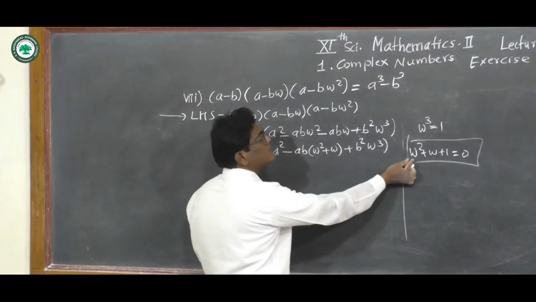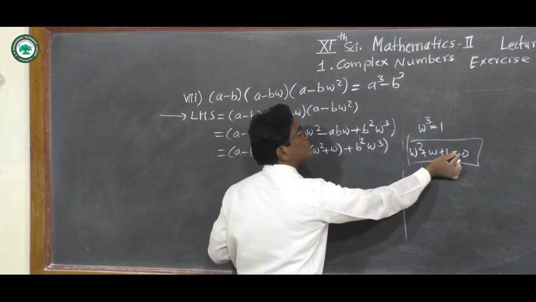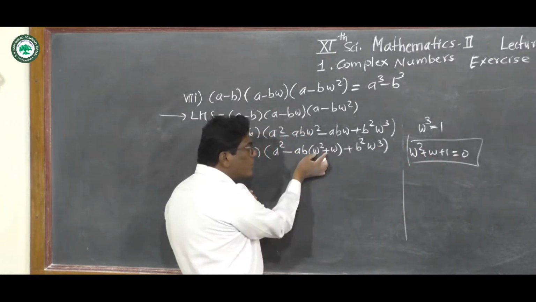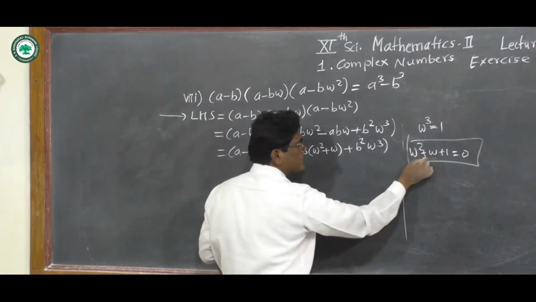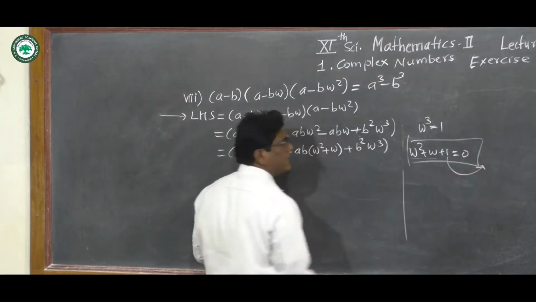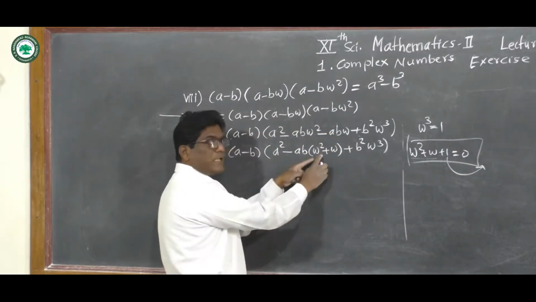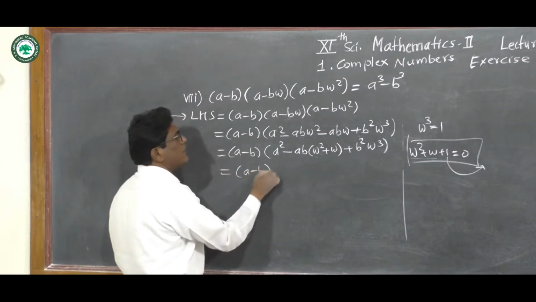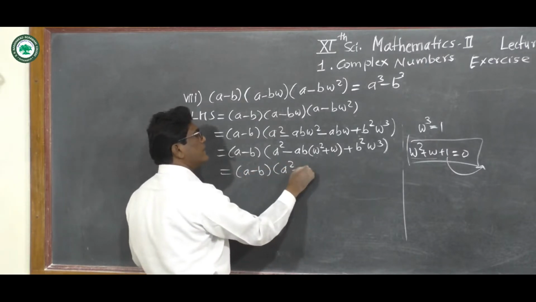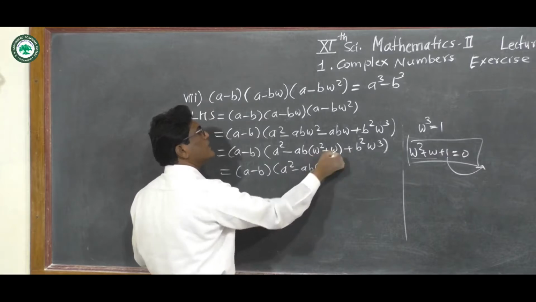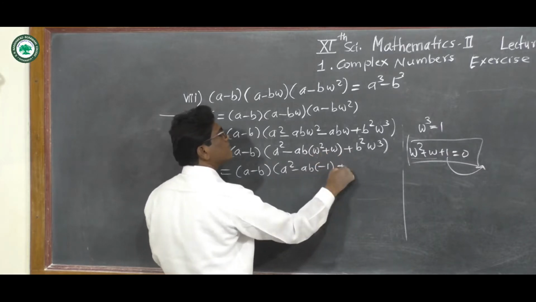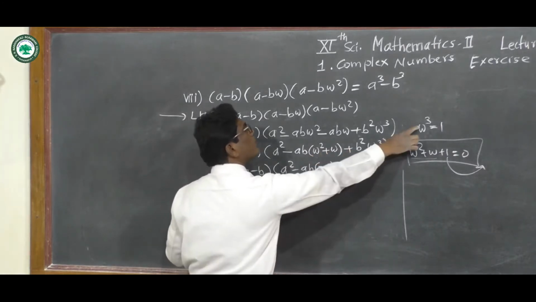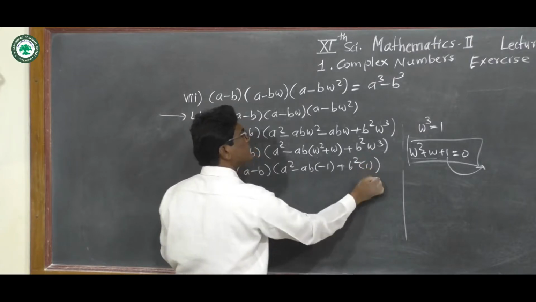Also the second relation, omega square plus omega plus 1 is equal to 0. So omega square plus omega, carry this 1 to the right hand side, it is minus 1. So put here minus 1. So we get a minus b, in the second bracket a square, minus ab and omega square plus omega, it is minus 1, plus b square and omega cube is 1. So here it is 1.